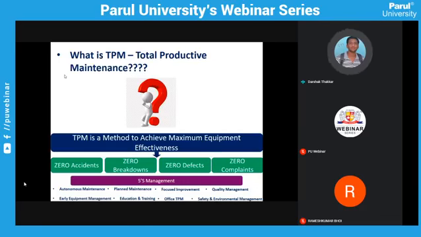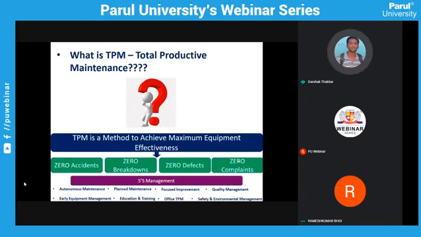Next, we also have to take care of our equipment or the methodology which helps to produce our product, right? So for that we have to maintain our machinery by doing maintenance activity, which leads to zero accident, zero breakdown, zero defects, and zero complaints.